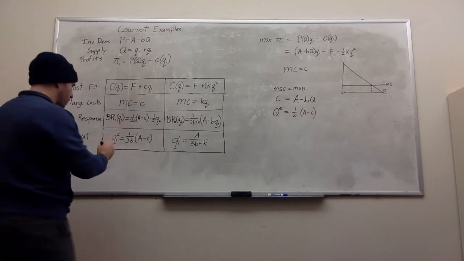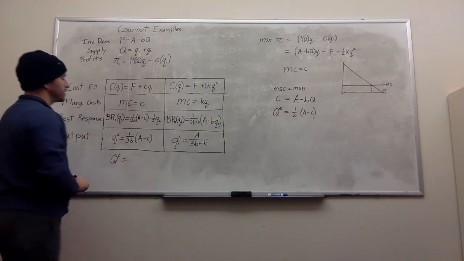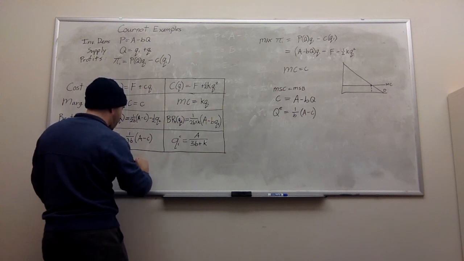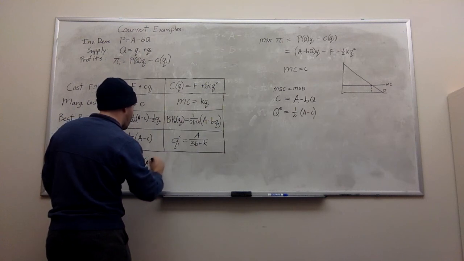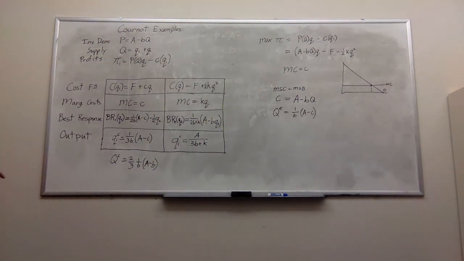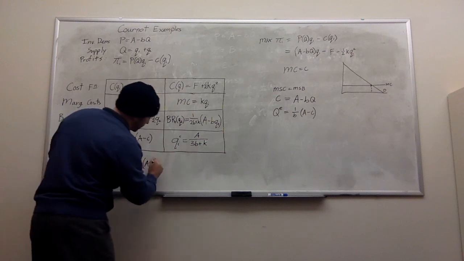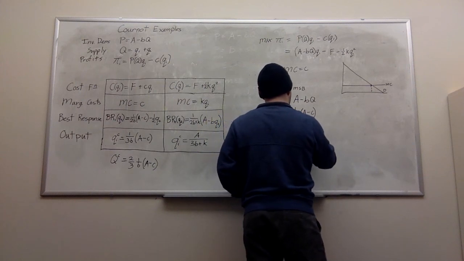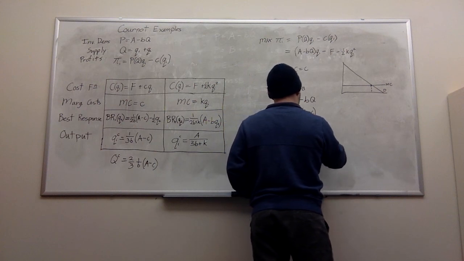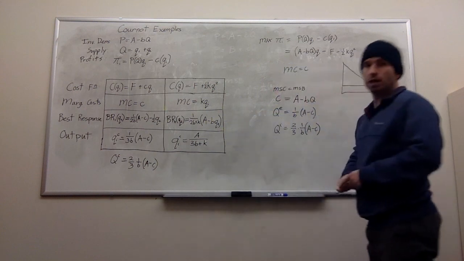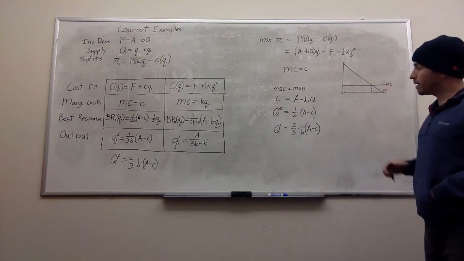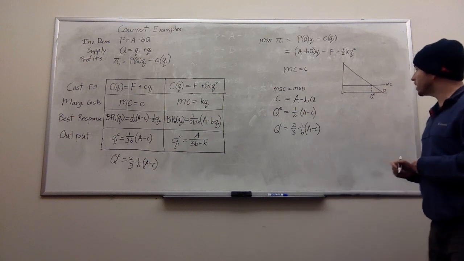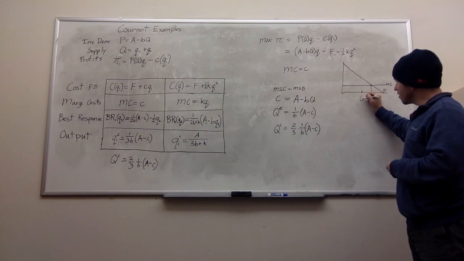The total Q is going to be the total supply from both firms, Q1 plus Q2, and that is two-thirds of 1 over B times A minus C. Much like the monopolist outcome, which would have QM less than QE as well, we have QE as the efficient output here, and a QC that is 2/3 of that.